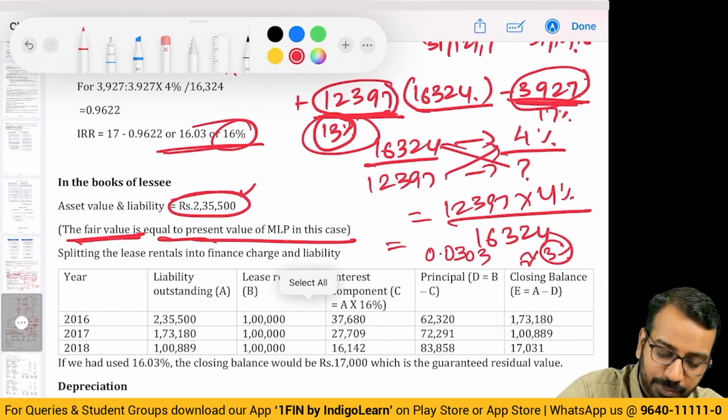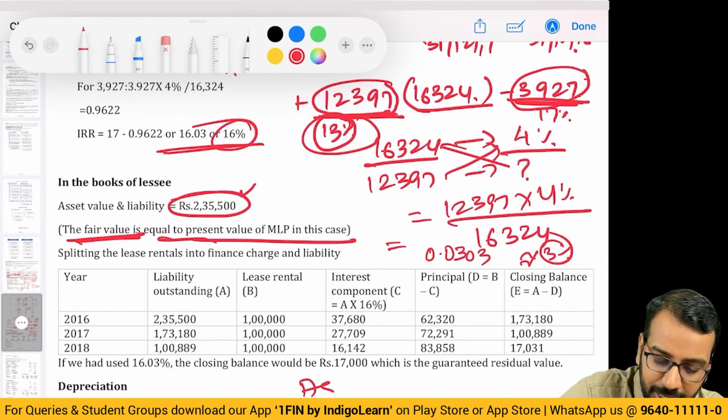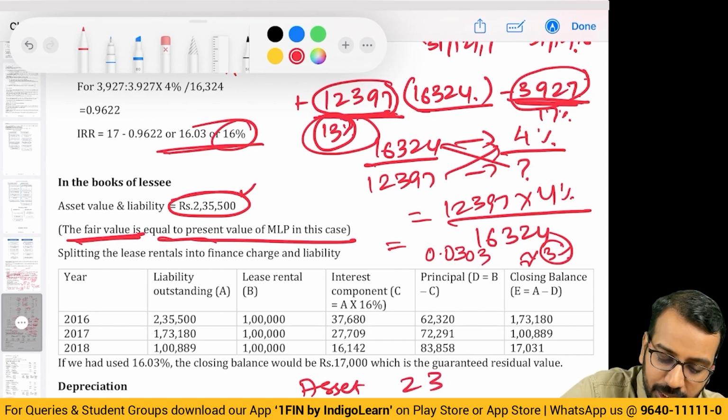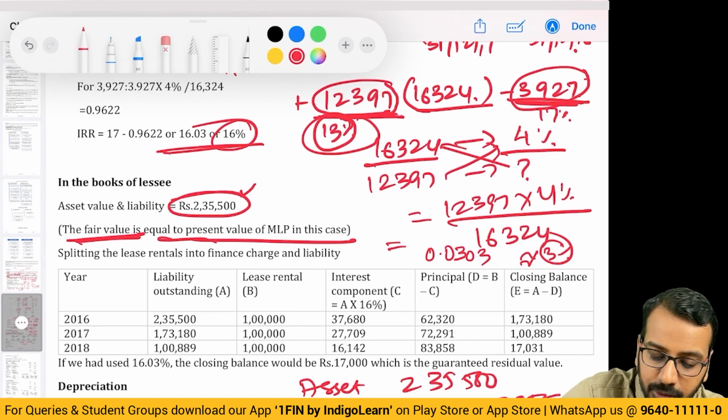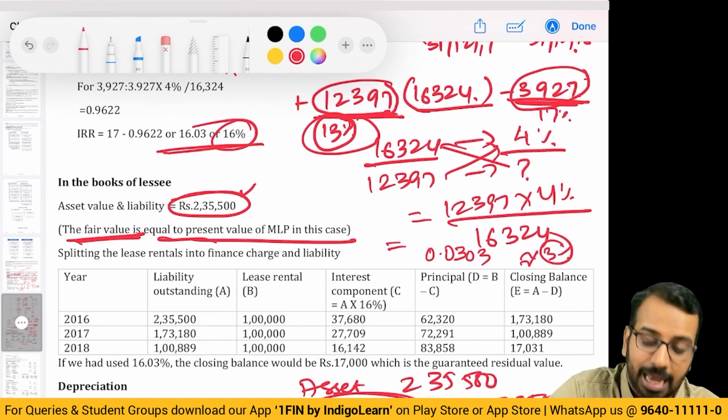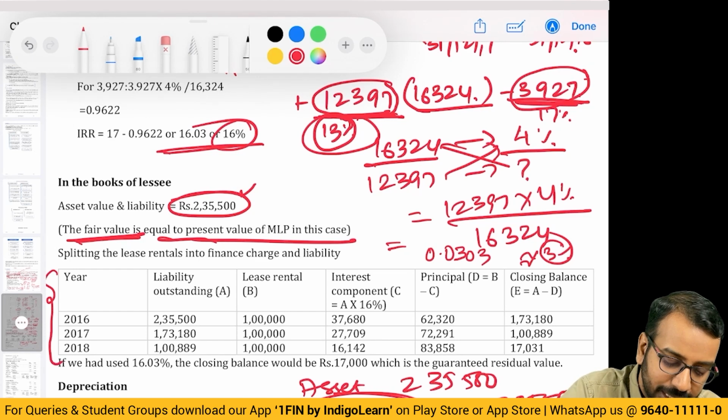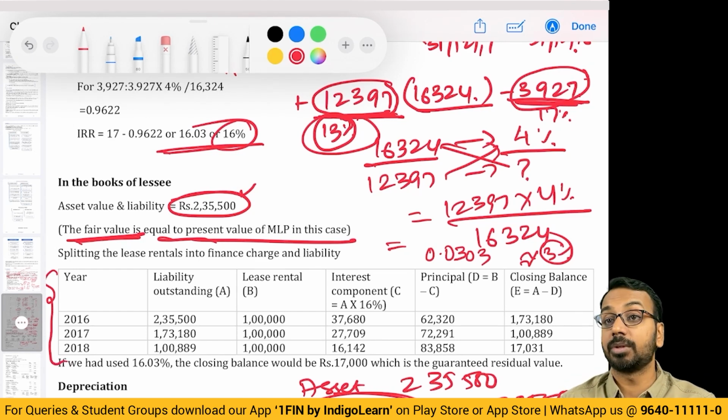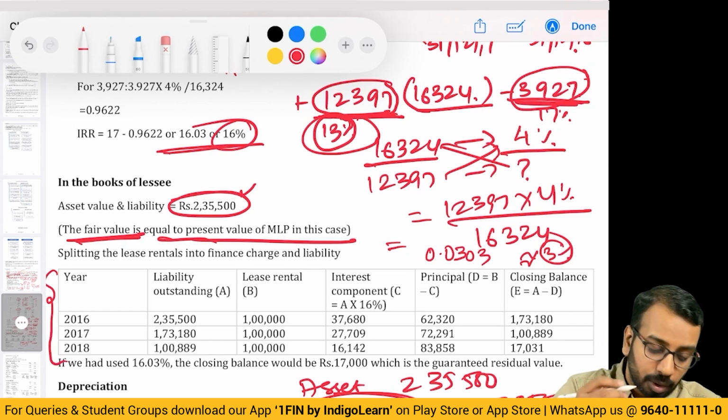Now, at the inception, what you will do is you will record an asset of 2,35,500 and you will record a liability of 2,35,500. For this liability, you will prepare something called as an interest schedule. How to compute the interest schedule?